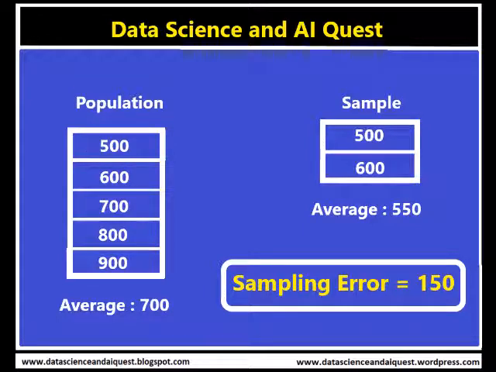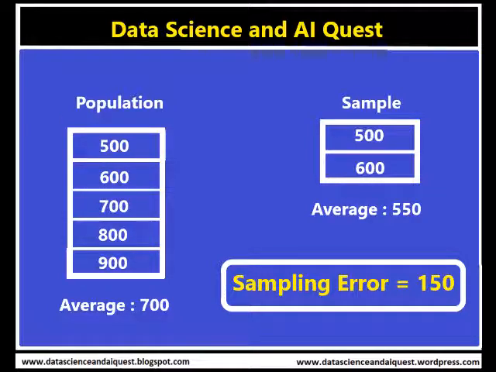So here one can see that the sampling error of the estimate is 150, that is, the true value is 700 and the estimated value is 550. So the sampling error due to this is 150.